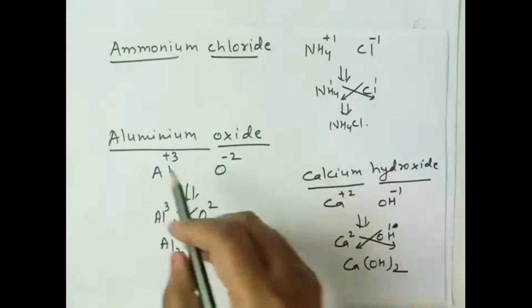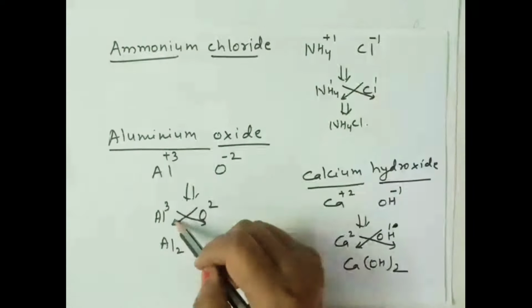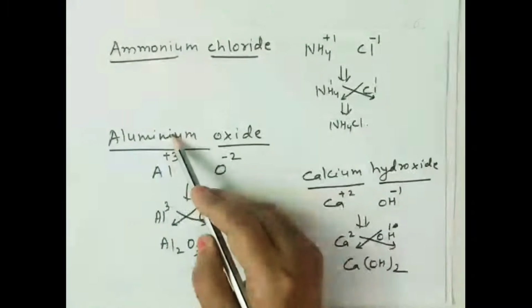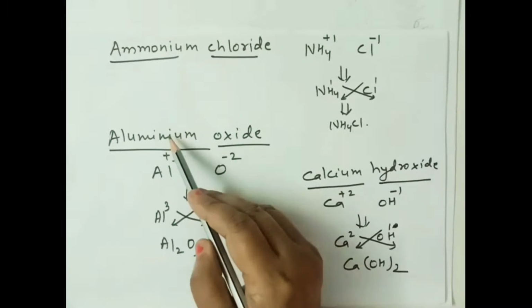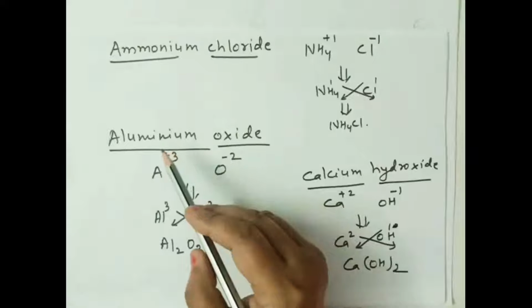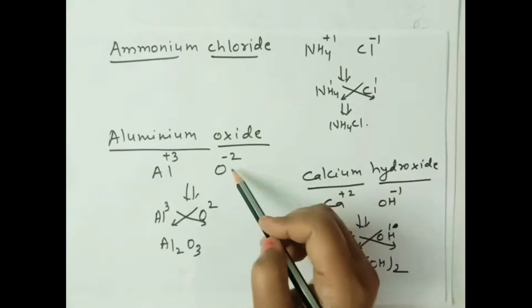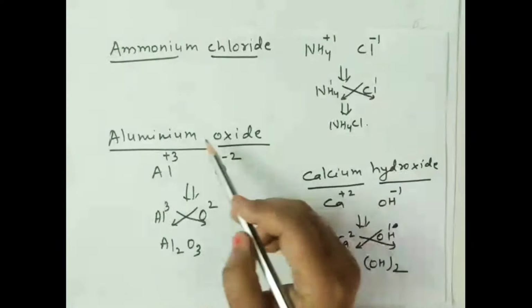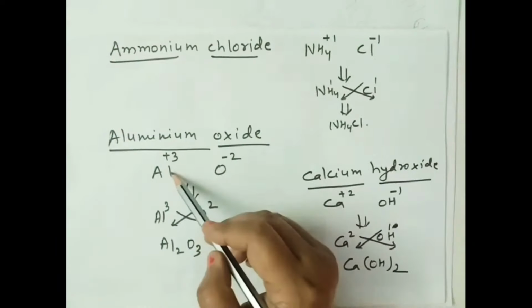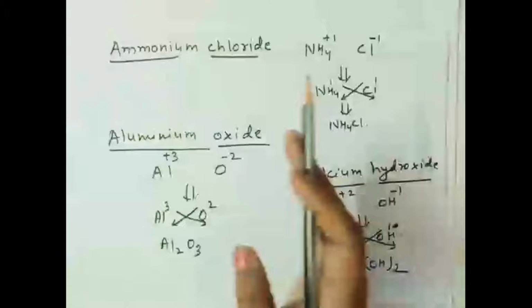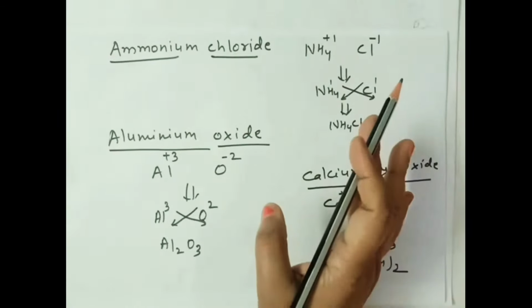Next example, aluminium oxide. An electropositive radical is called a basic radical. So aluminium is the basic radical, oxide is the acidic radical. The electropositive radical is written first and the electronegative radical is always written later on.